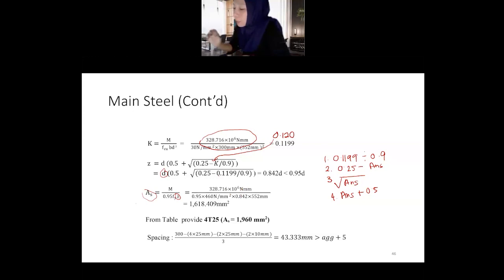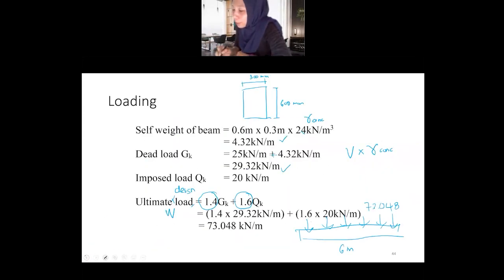Why? Because 0.95 kita kena darab dengan Fy. Fy ni adalah steel strength untuk main reinforcement, bending reinforcement ataupun main bar. Nama macam-macam. Ini adalah dia punya steel strength. Mana you tengok dalam soalan.